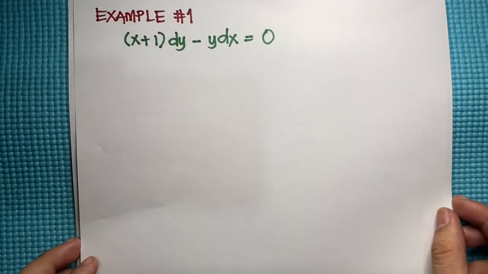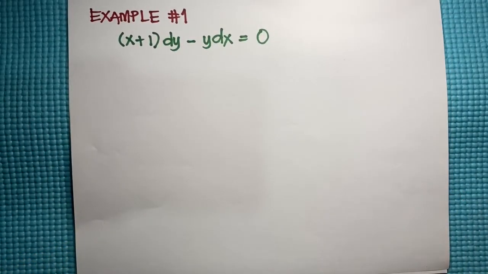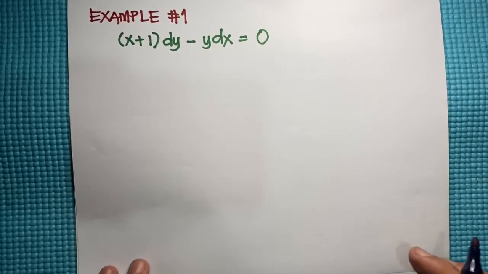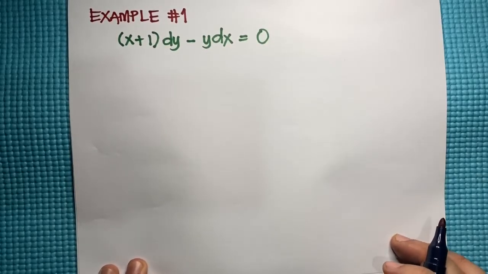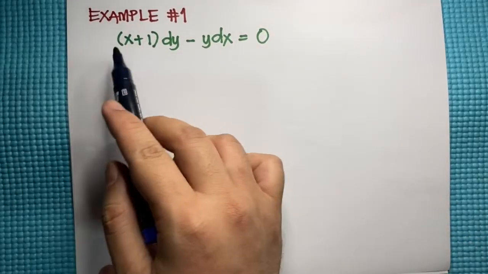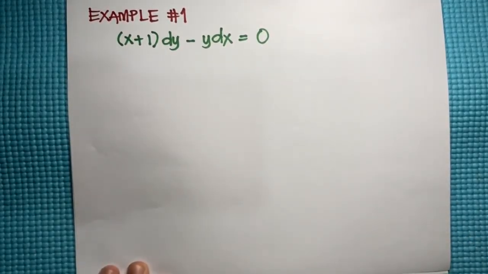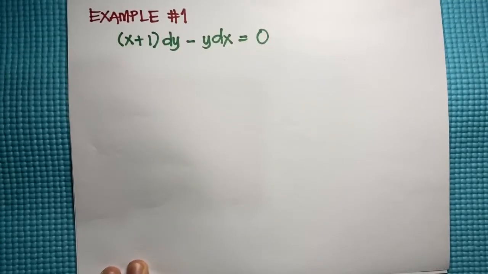For our example number one, we have the differential equation (x + 1) dy - y dx = 0. There are two terms here: the first term involving dy and the second term involving dx.